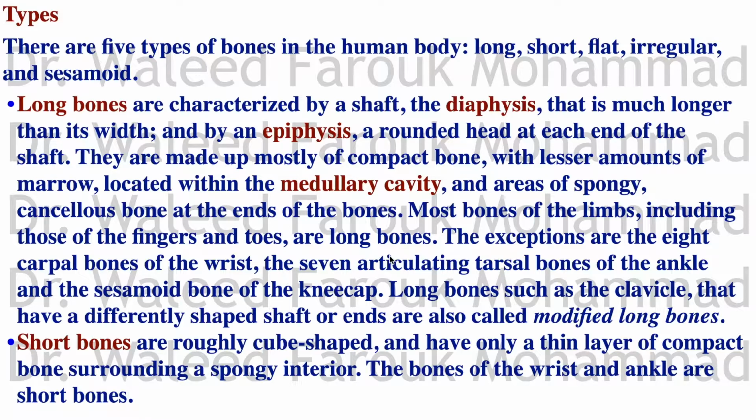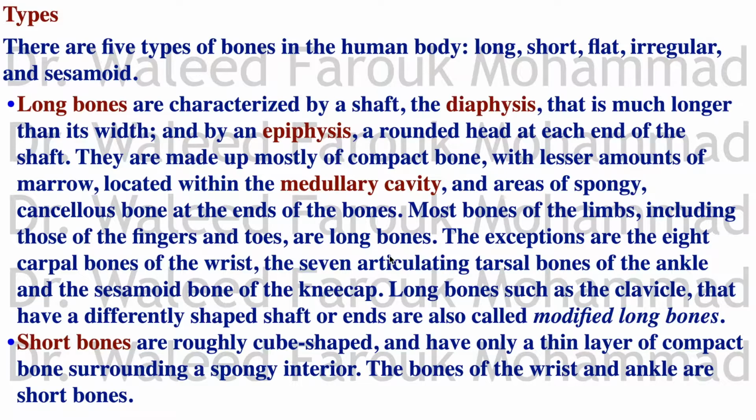Long bones are characterized by a shaft called the diaphysis, and an end called an epiphysis. The end is usually a rounded head at each end of the shaft. The diaphysis is made up mostly of compact bone with a lesser amount of marrow located within the medullary cavity of the bone, which also has spongy or cancellous bone at the ends of the bones.